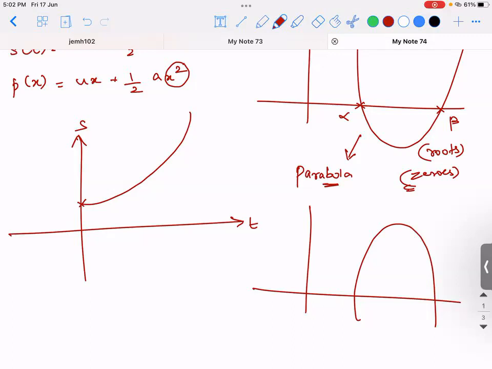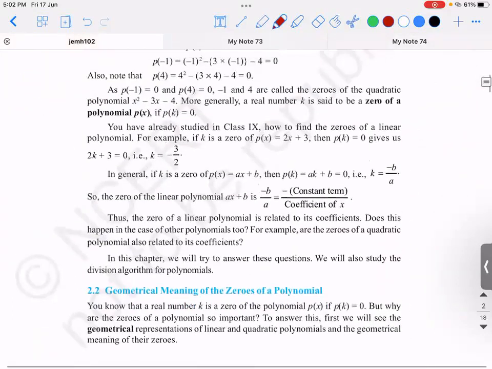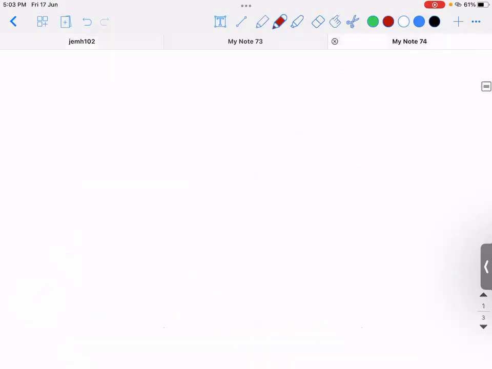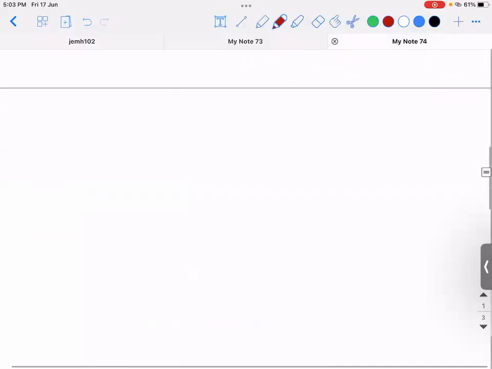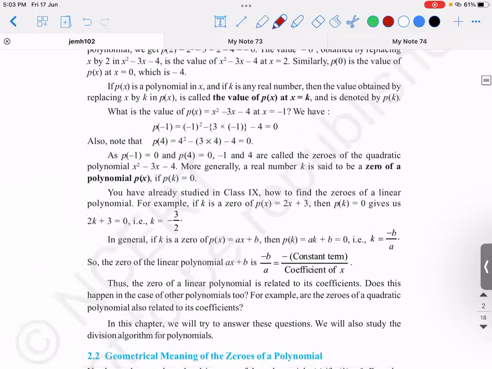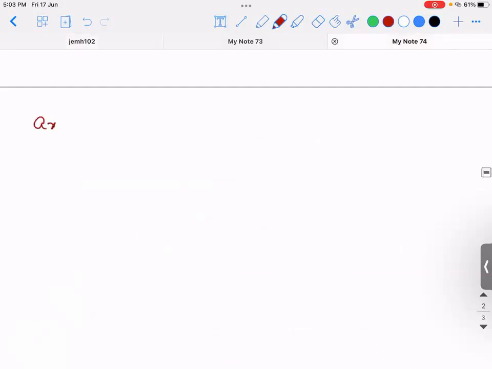Okay. So connecting all the dots, let's try to find out how to write the zeros in terms of the coefficients that are given. Suppose I have a linear equation in one variable, which I'll call ax plus b.